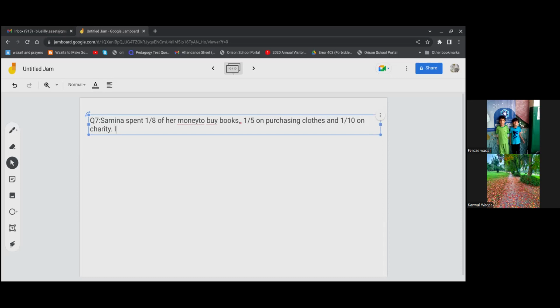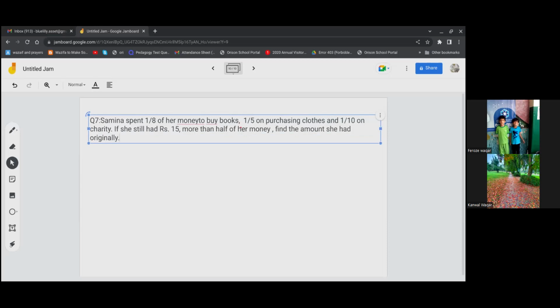If she still had rupees 15 more than half of her money, find the amount she had originally.